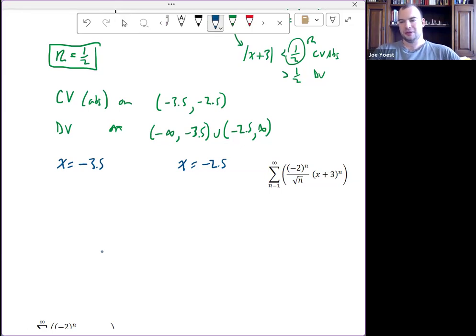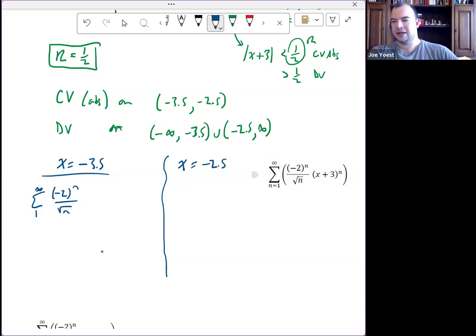All right, so let's evaluate these two bits individually. For x equals -3.5, I have the sum of (-2)^n over root n, and then I have -3.5 plus 3, which is -1/2, to the n.